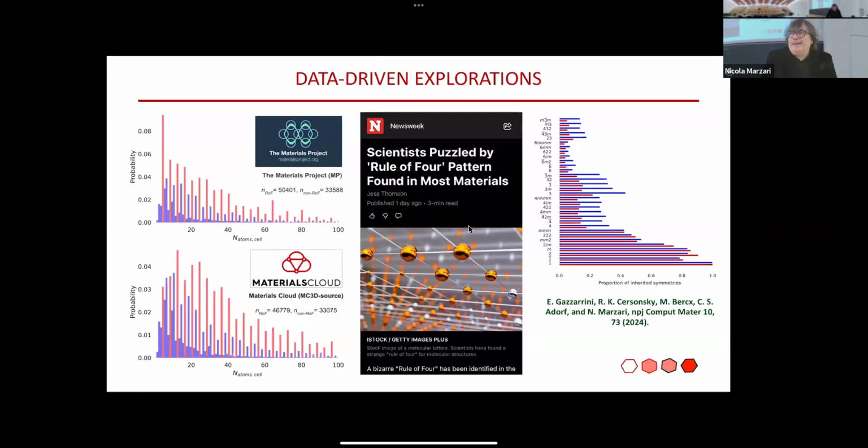We thought hard for a year at finding an explanation, and we actually couldn't. We explored everything. Just to give you a sense, it's not really the high-symmetry space groups that are mostly bringing this, which we call the rule of 4, multiples of 4 in the primitive unit cell, but the low-symmetry space groups. And so sometimes you also discover something completely unexpected.